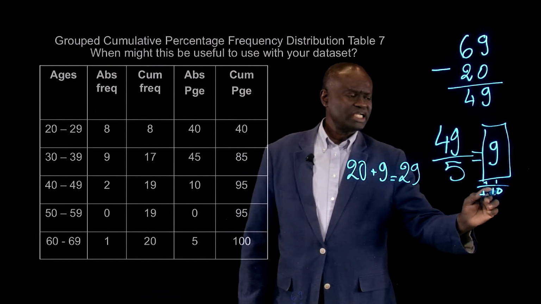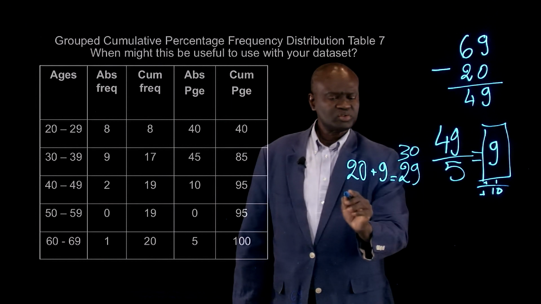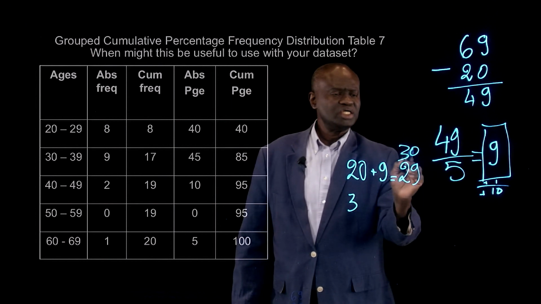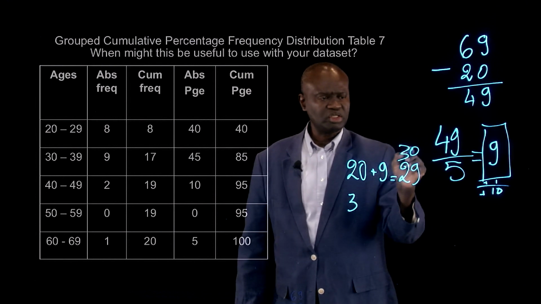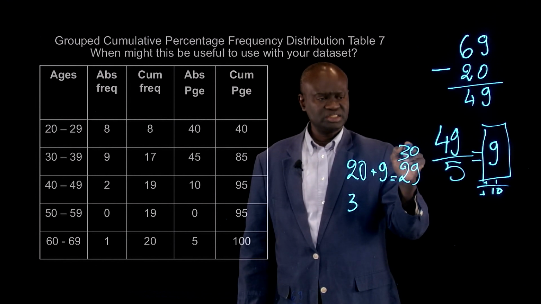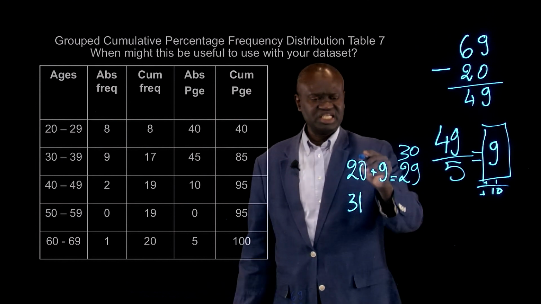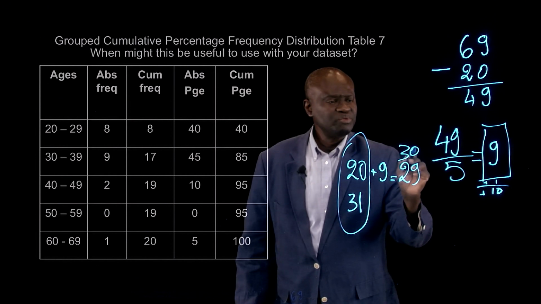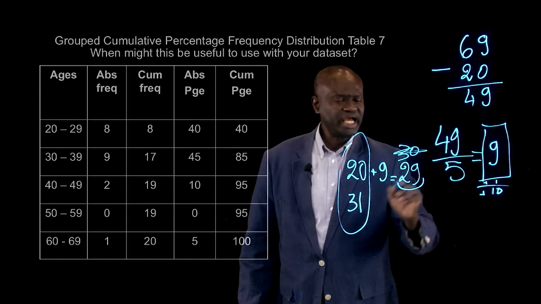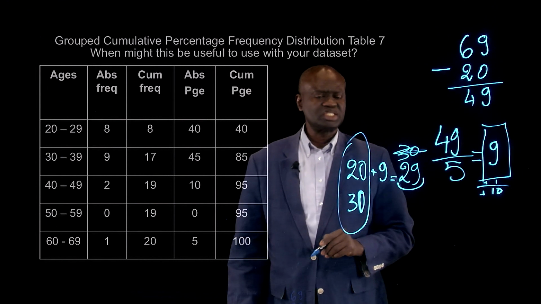Okay? Even if we add the 10, that would be 30, but we cannot start with 31 here, because we would have 30 here, but 31 here. You see that there is a big difference here. So instead of that, we just keep 29 and then reproduce the 30 here.